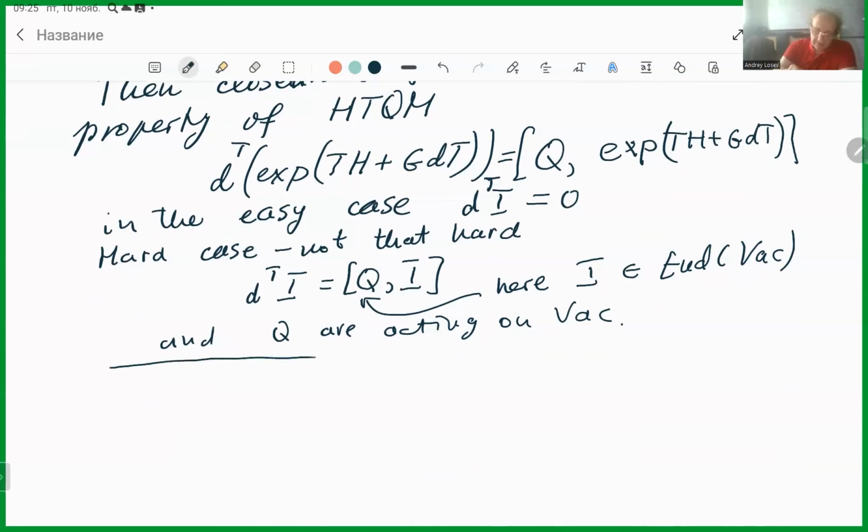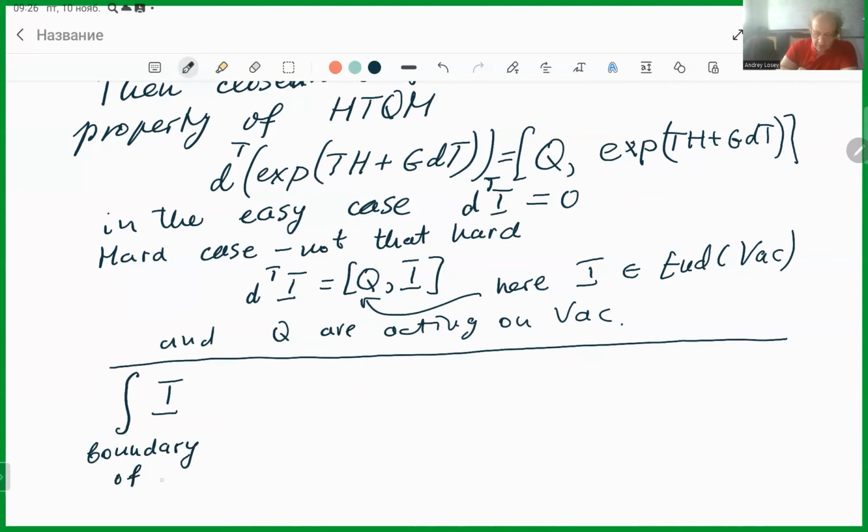Now, how can I compute interesting relations? I take I and I integrate I over the boundary of configuration space.